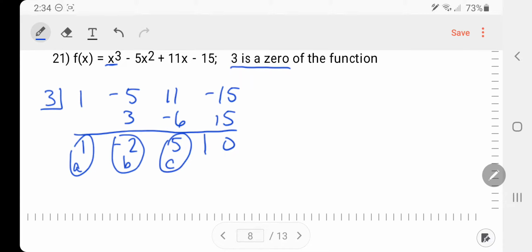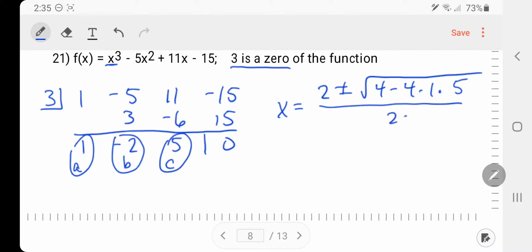And now I can sing the song. Here we go. X is equal to negative b plus or minus the square root of b squared minus 4ac all over 2a. And then I can use my handy-dandy calculator to calculate the radicand.